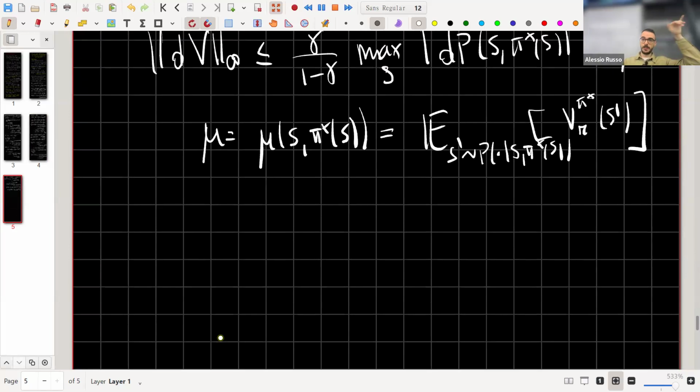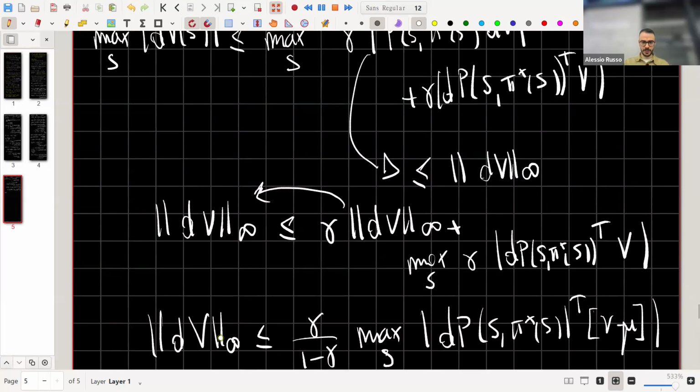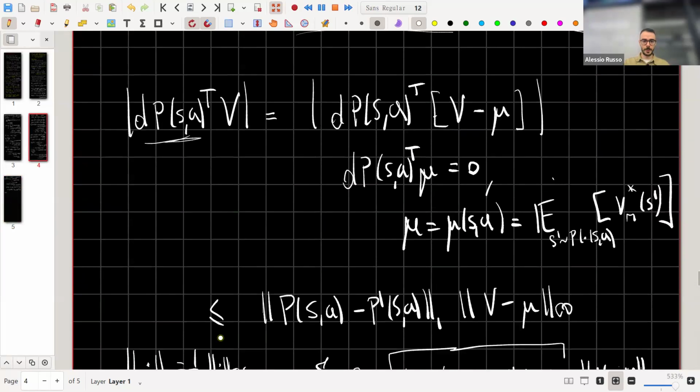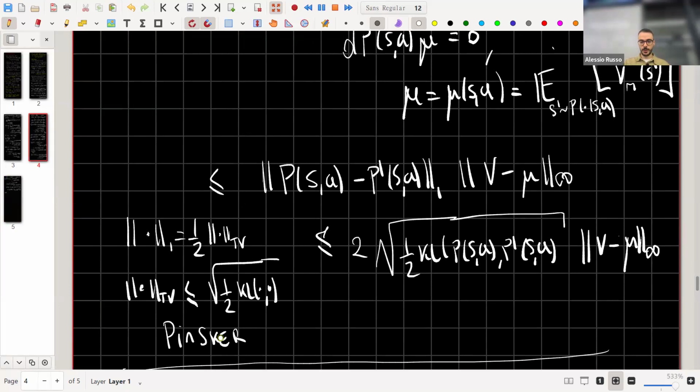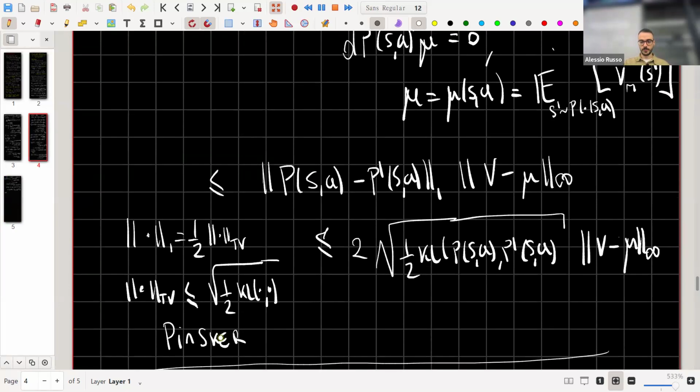So when we combine everything together now, in the original inequality, we had delta SA. We can take the square already. So what is the upper bound here? The upper bound was the sum of these two terms. We showed an upper bound for dV, an upper bound for this guy. So the upper bound of this term is this quantity. We need to take the square, so the square root will disappear.